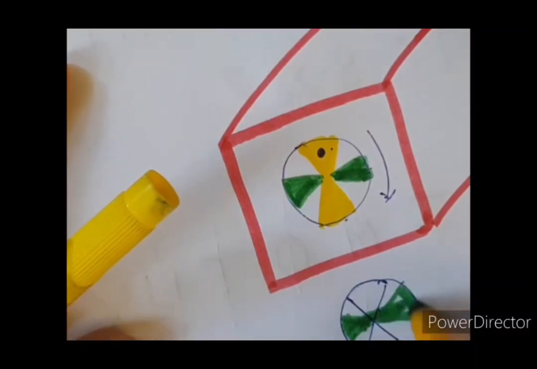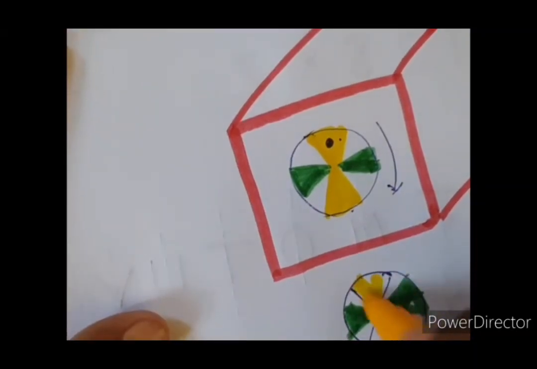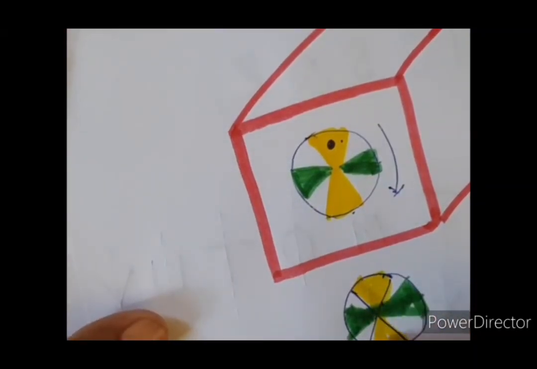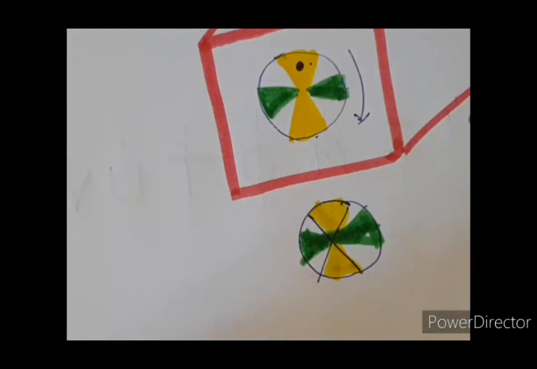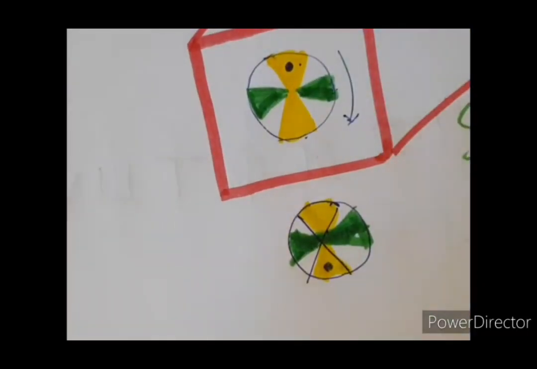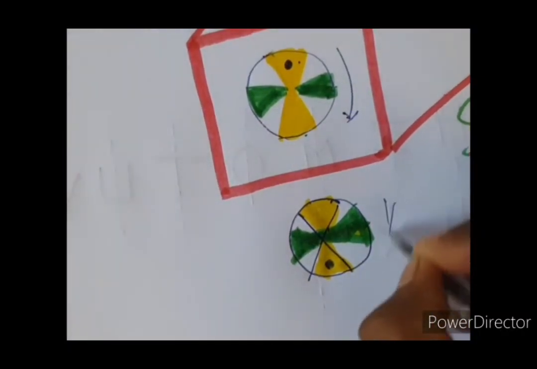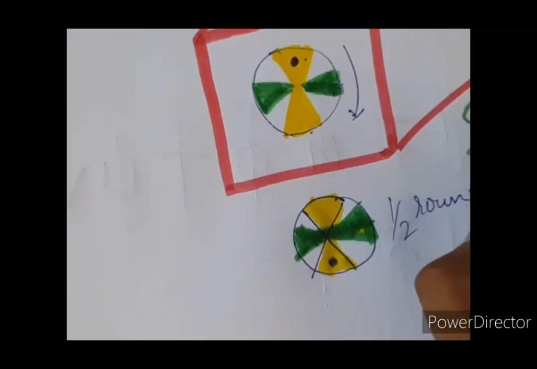Like here, I make the same figure again. So when the dotted figure comes down after a half round, so it's a half round, right?